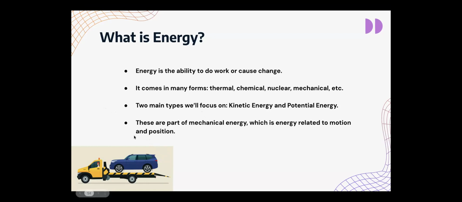This is under mechanical energy, where the energy is related to motion and position, correct? And when we talk about kinetic energy and potential energy, for right now, we like to say it's conserved, right? So the energy is neither created nor destroyed, right?